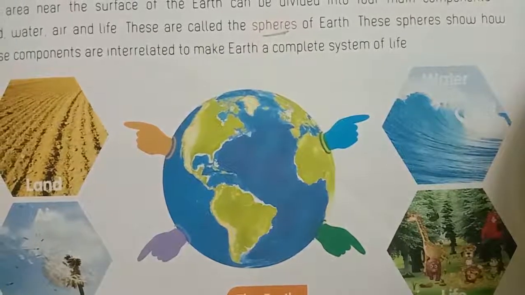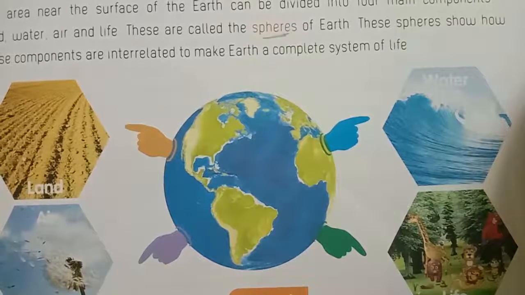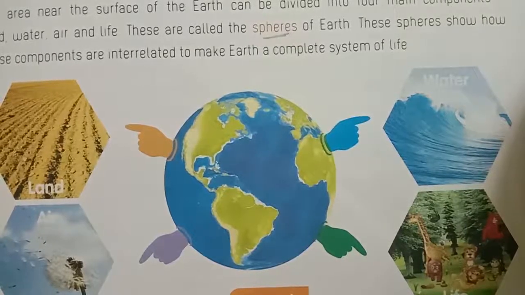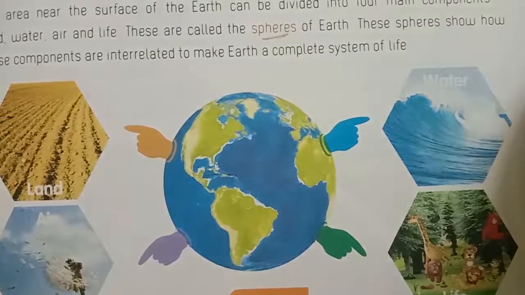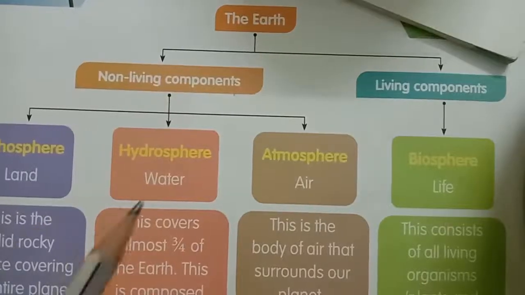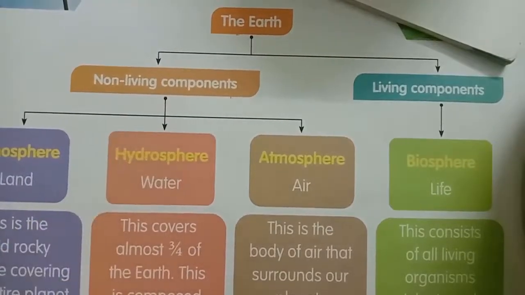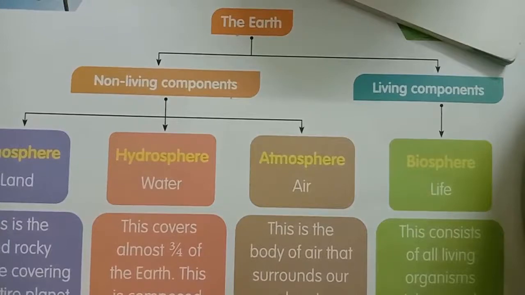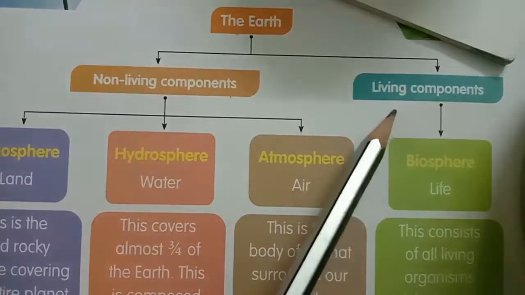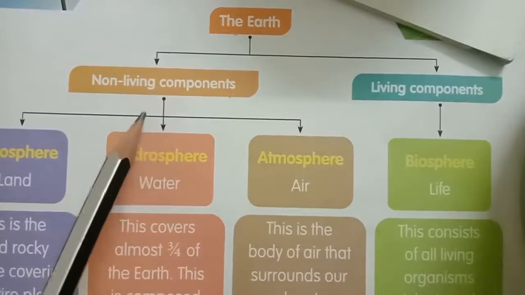These spheres show how these components are interrelated to make Earth a complete system of life. This picture, children, the Earth. We are a part of the living components and non-living components of the Earth.